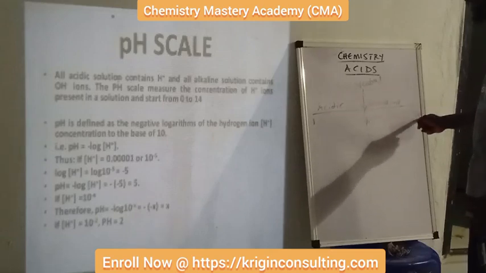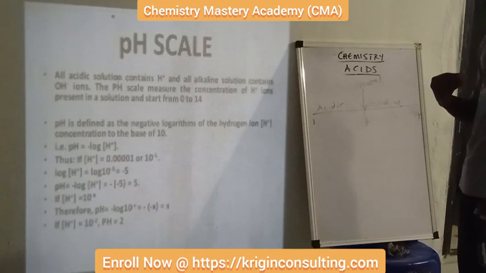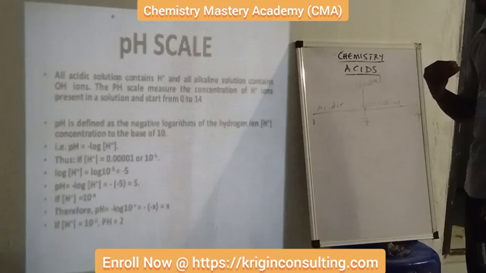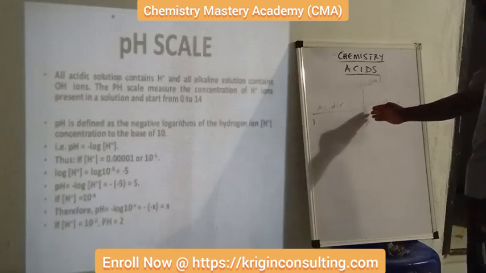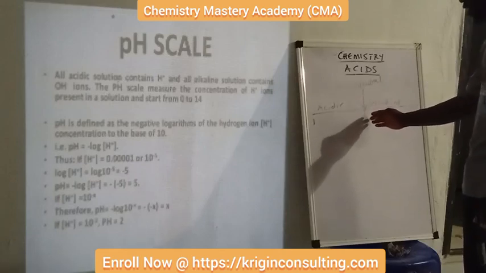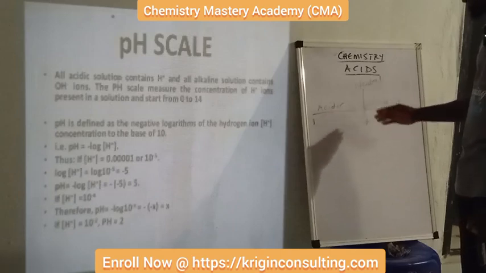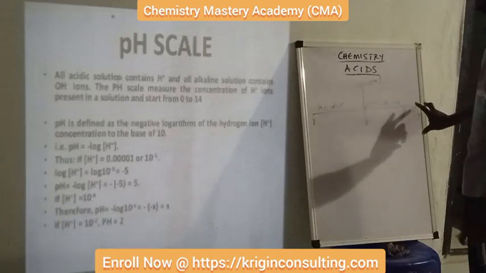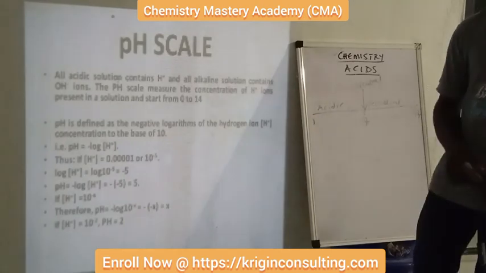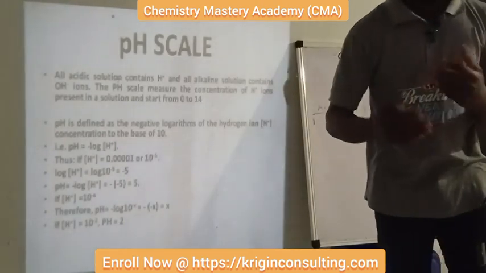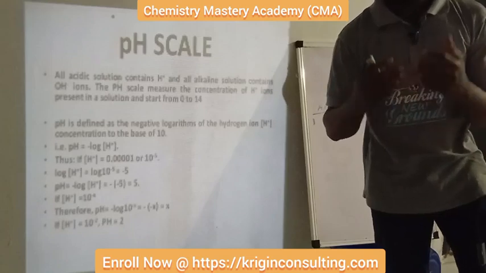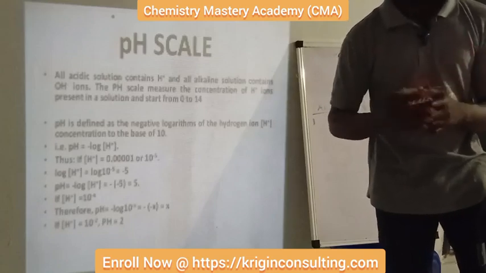Then after 7, we have alkaline. So 14 is more alkaline in nature than 8. So it means that from 7, as you increase and go, the substance becomes more alkaline. Okay, this is the pH scale. Okay, so pH scale is basically a way of measuring the acidity and alkalinity of a substance.